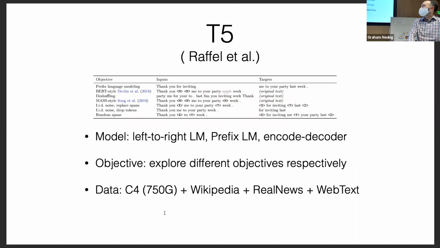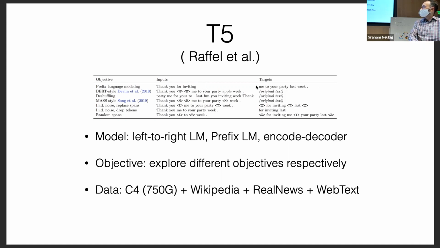Here are some of the objectives they use. Sorry, this is pretty small, but you can also look at the survey paper. They test prefix language modeling, where they have an encoder and then decode the rest of the sentence. They have a BERT-style masking objective, where they try to reproduce the original text.